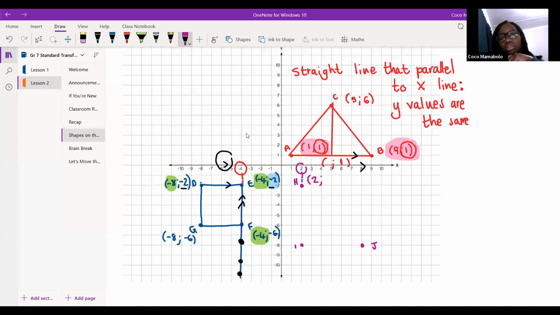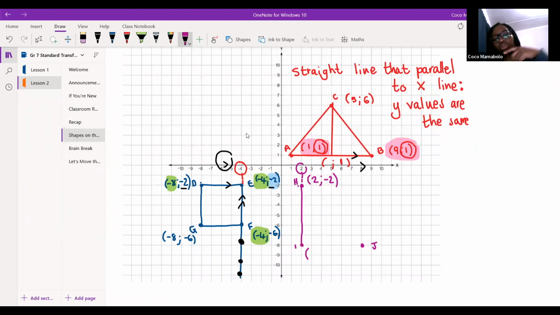Semicolon. -2. Good. Excellent. And do you see how I is on the same line with H? They're on the same line. So what does that tell me about my X value? What is my X value going to be?